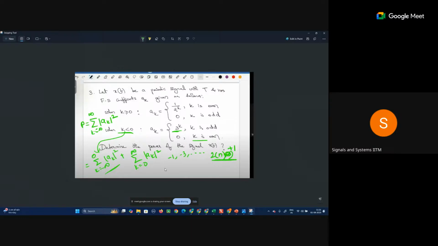This is a form. So 3k into 2k plus 1 whole square. This part. Summation k is equal to minus infinity to infinity of this part. Prince, are you clear why we got this?